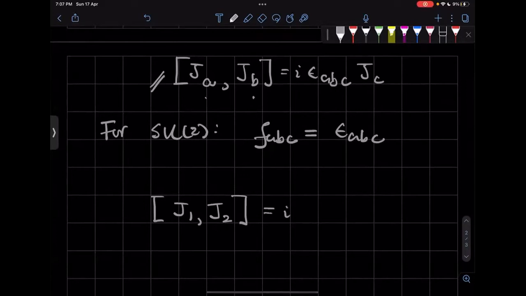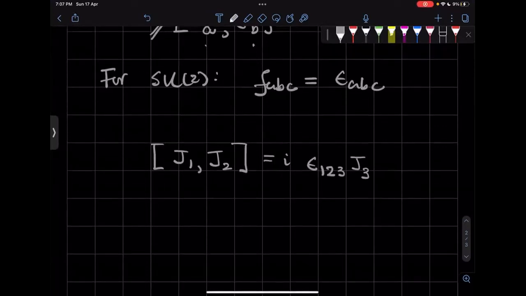So [J1, J2] is i epsilon 1, 2, then the third one must be 3. But we know that epsilon 1, 2, 3 is by definition 1, so we get J3.